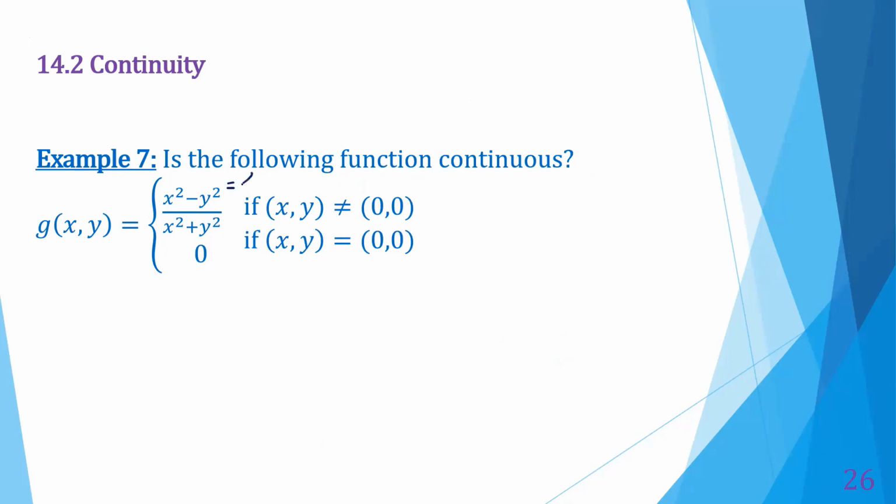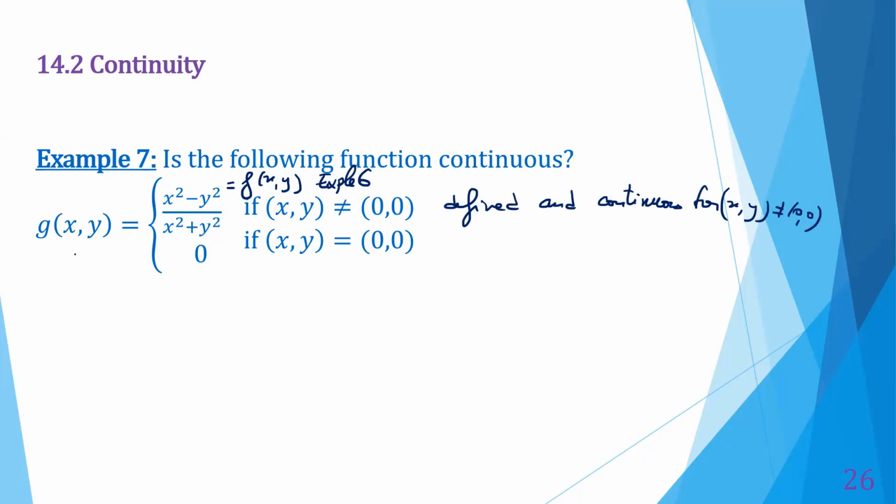So this f that we saw in example 6, we said it is defined and continuous for x, y different from 0, 0.